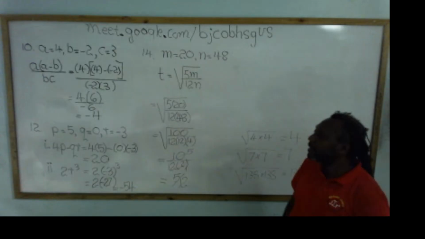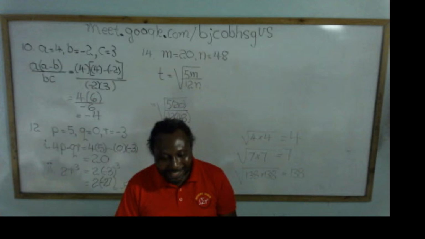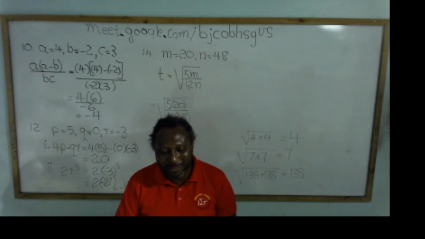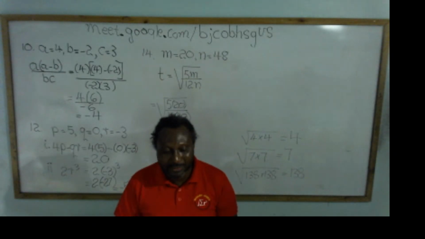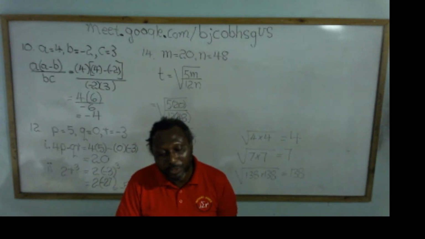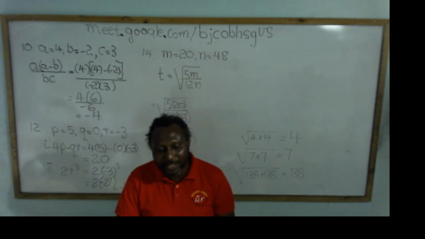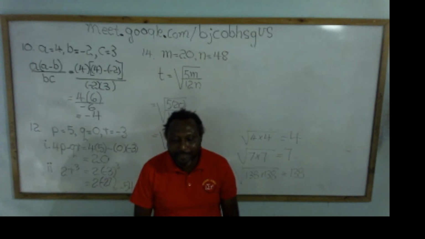Now students, as it pertains to the square root, later on we'll discuss quite a bit of stuff about it. Because you have to understand that the square root of a number occurs in pairs. So for every number that has a square root, there are 2 of them.